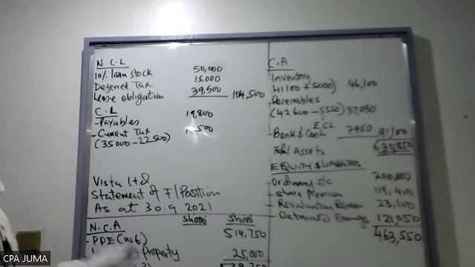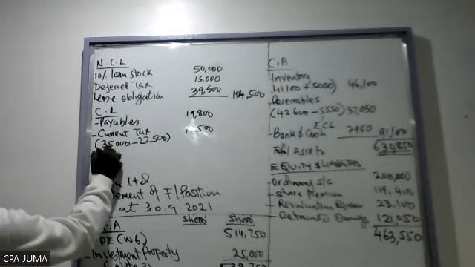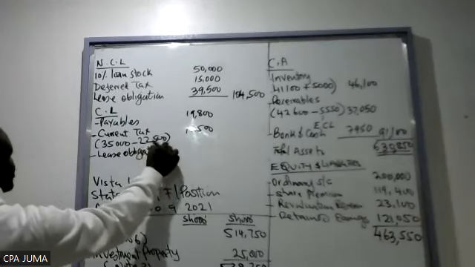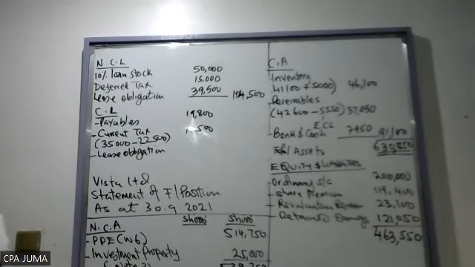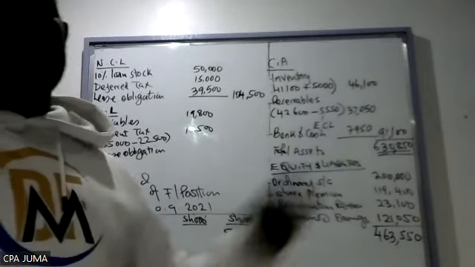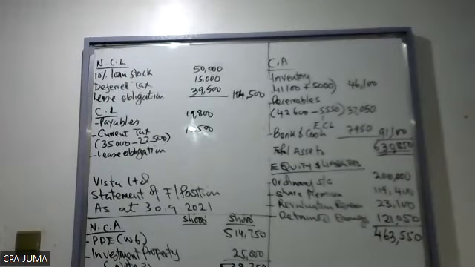Lease obligation, at once. So we have another lease obligation. The short term. John, check where we did lease amortization. There was the long, the non-current, and the current. Check your lease amortization.